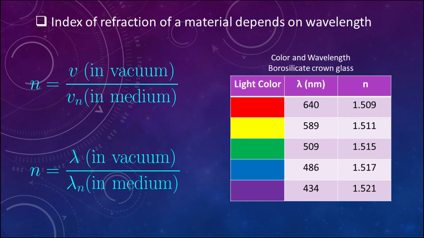The dependence of wave speed and index of refraction on wavelength is called dispersion. Now you may wonder, how does the dependency of the index of refraction on wavelength affect the refraction of light in general when the light propagates through a medium?